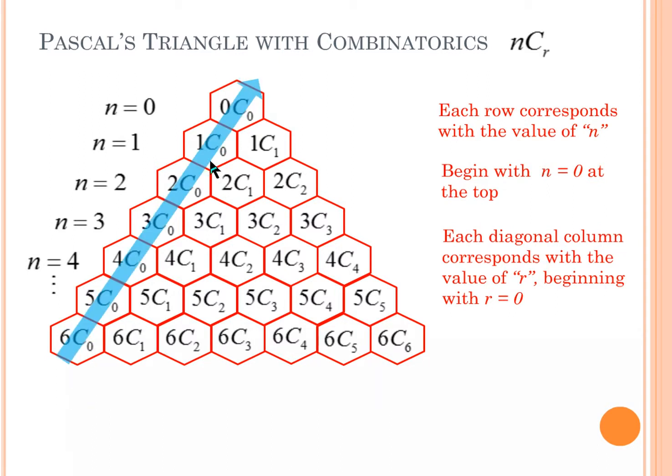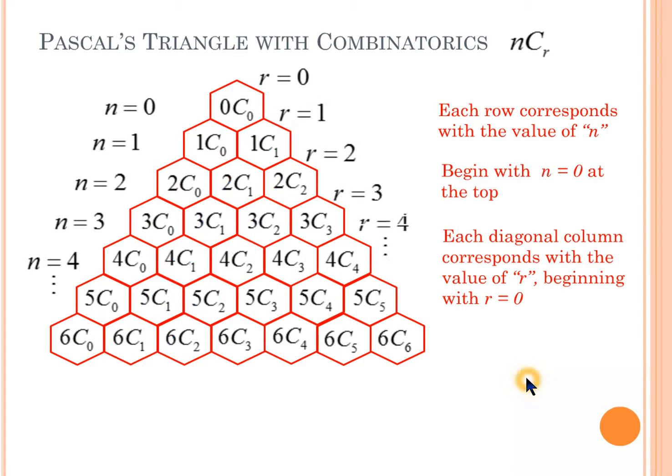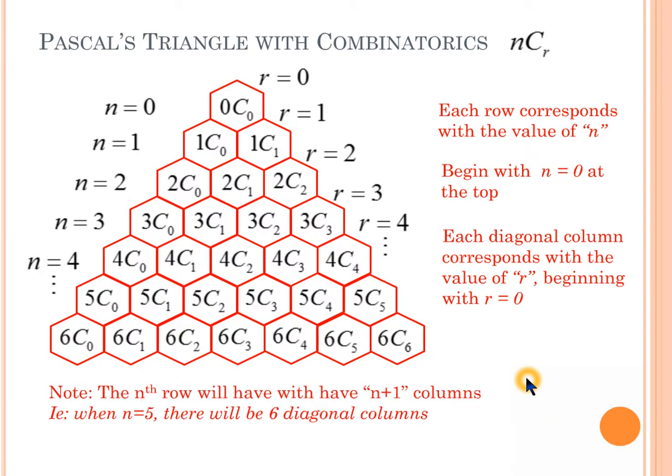For every single diagonal here, your r value will be 0. The next diagonal over will have r values of 1. And the next diagonals will be 2, then 3, then 4, 5, and 6. That's r equals 1, r equals 2, r equals 3, 4, 5, and 6.